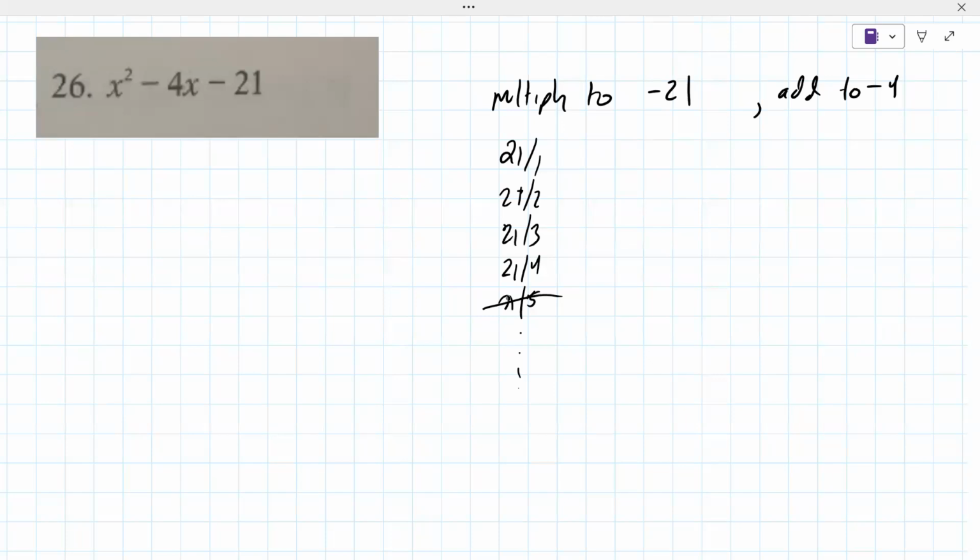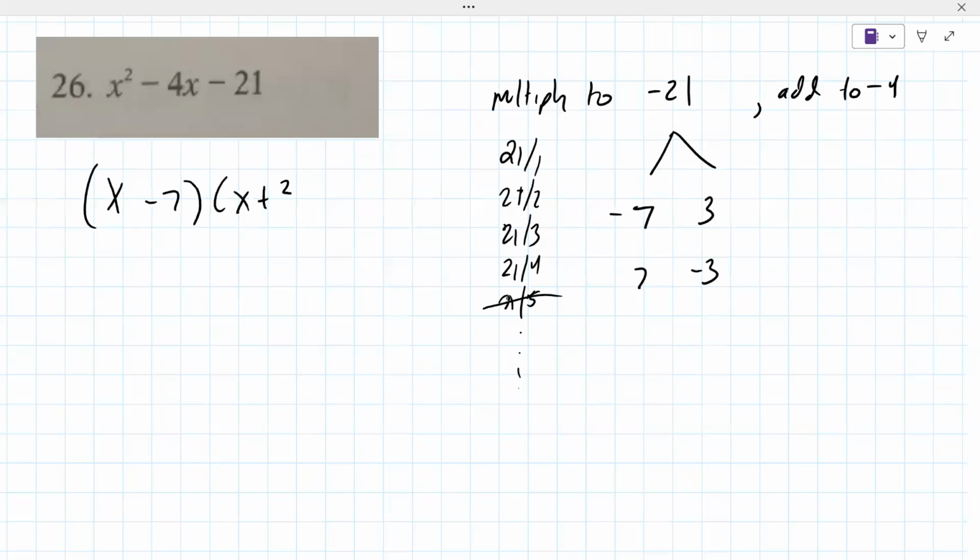If you divide it by 3, 21 divided by 3 is 7. So 7 and 3. So what if it's 7 and negative 3? Okay, so this becomes x minus 7, x plus 3. Is that all right? Okay.